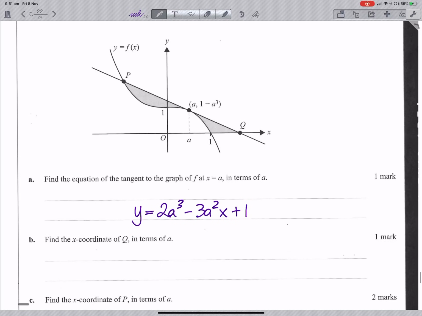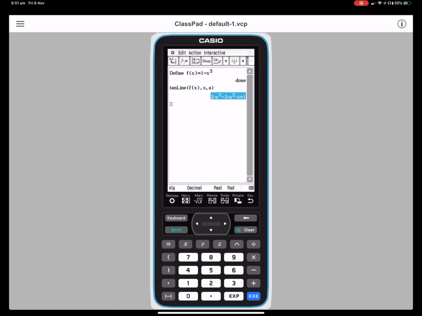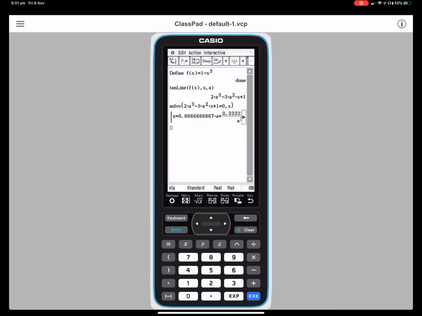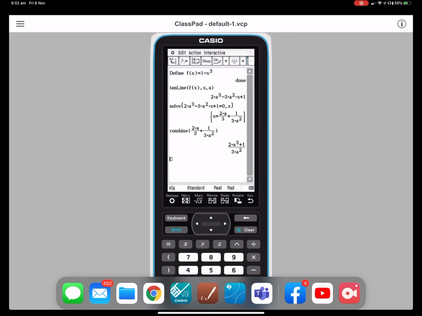Find the x-coordinate of Q in terms of A. So that's our x-intercept. So we let y equal 0. Solve for x. Combine: 2a cubed plus 1 on 3a squared.